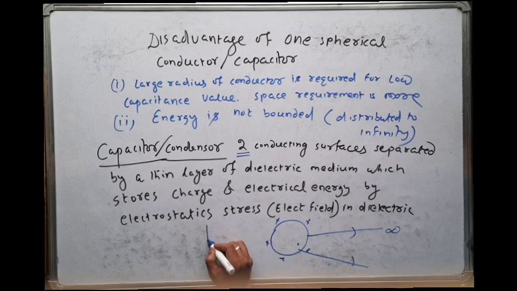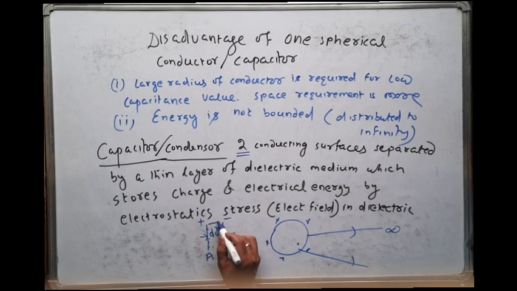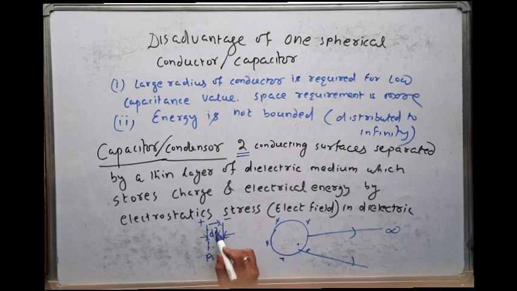Suppose this is a plate, this is another plate. We maintain a very small distance of separation between these two plates, and inside them there is a dielectric medium. If one is a positive plate and the other a negative plate, an electric field will develop between positive and negative, so the dielectric will be stressed.